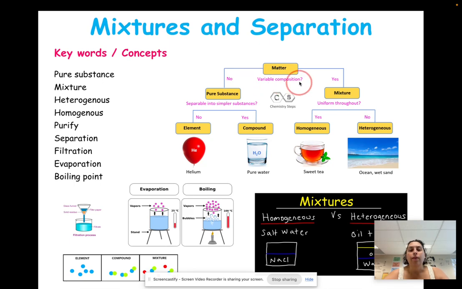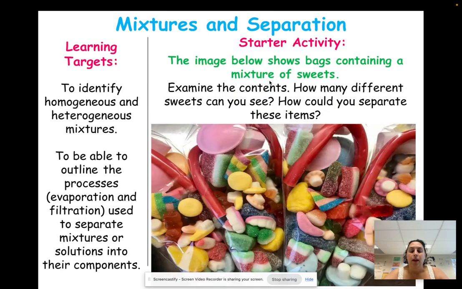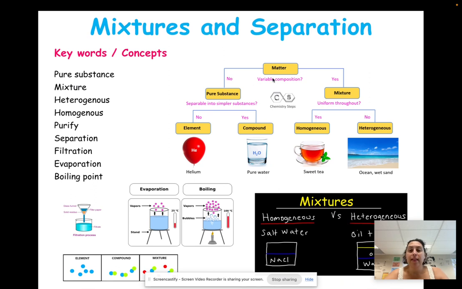If it's all the same substance, so it does not have a variable composition, it means it's all identical, it is a pure substance. We have two types of pure substances that we talked about last class. Those are elements, where all the atoms in the element are exactly the same, or a compound, where you have atoms of different elements that are bonded together.